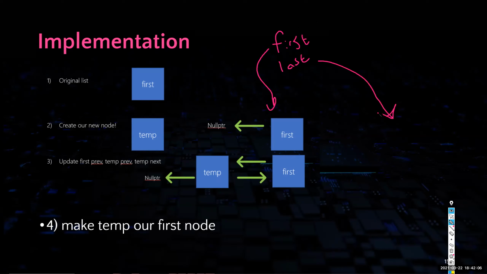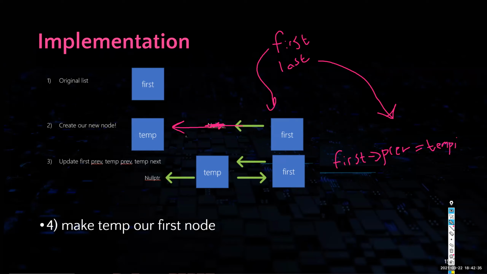That's really important because what we can do is say, we have our node first. We want to update its previous to be this new node. So I can say first prev, and then I want to make that equal to temp. What that does is, instead of first prev being null pointer, I'm just extending this arrow to go to temp.